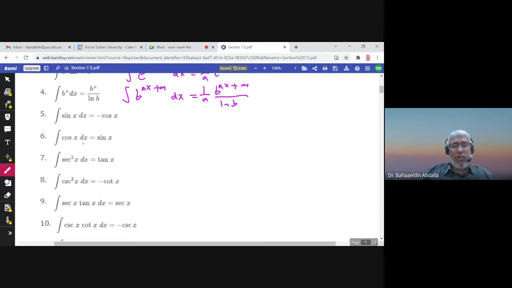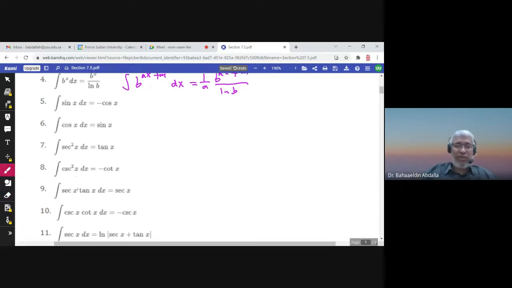Also for the trigonometric integrals, for example, here integral secant ax plus b times tan ax plus b dx would be secant ax plus b times 1 over a.